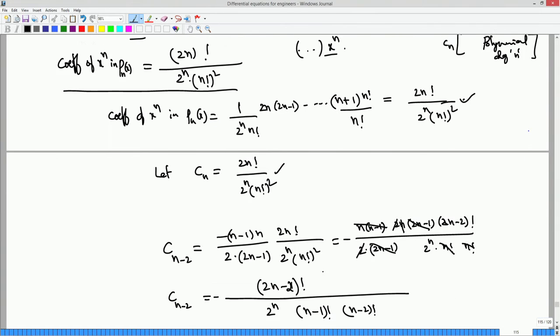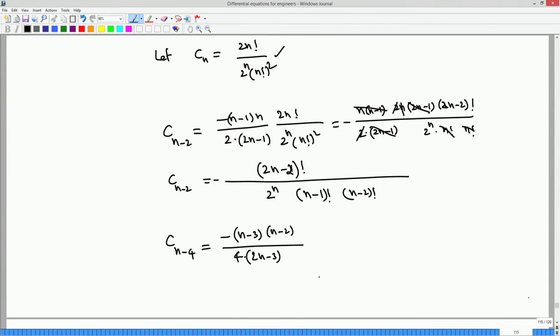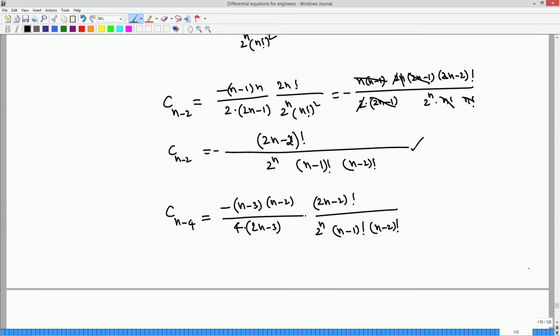Cn minus 2 we already know: it is 2n minus 2 factorial divided by 2 power n, n minus 1 factorial, n minus 2 factorial, which is simply calculated now. You already calculated Cn minus 2, which you put here. So, n minus 2, n minus 3 you cancel here. Of course, you have a minus of this, right, so it is a minus minus plus here.